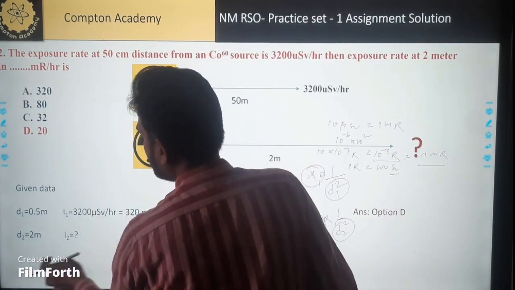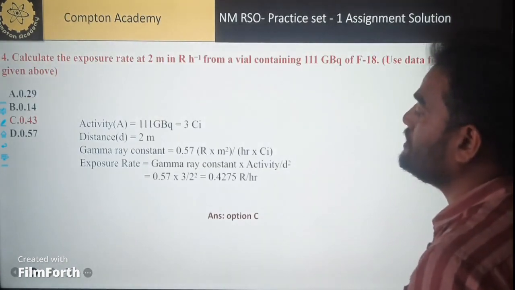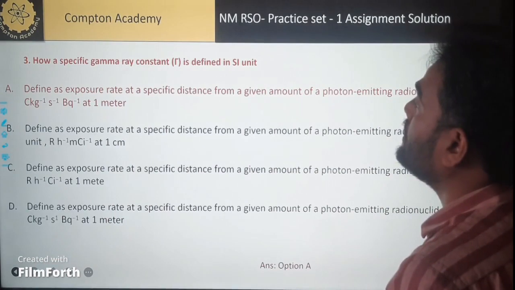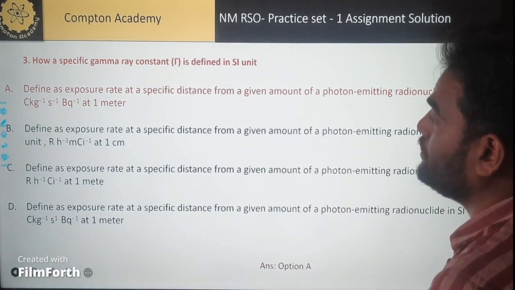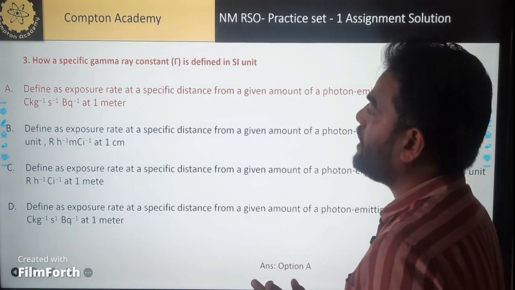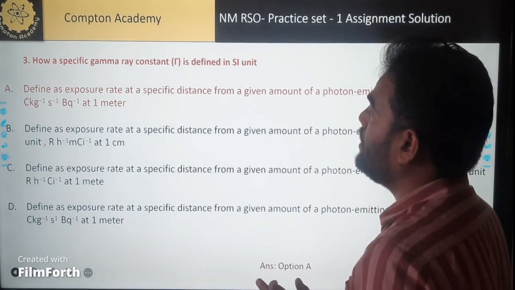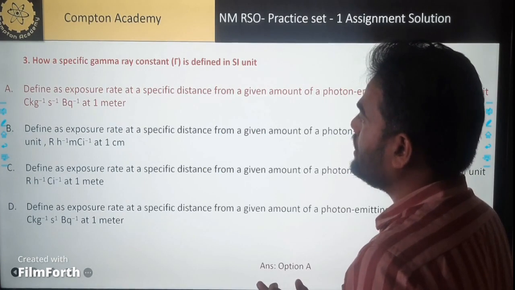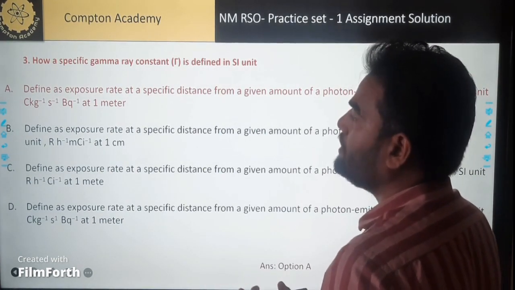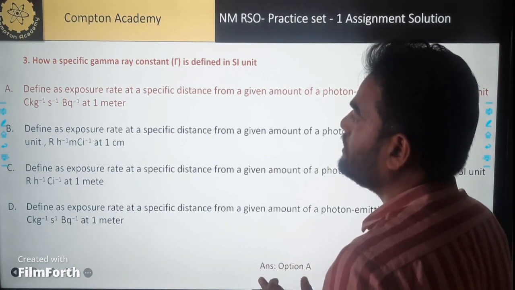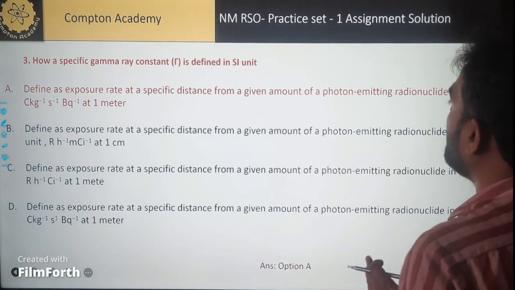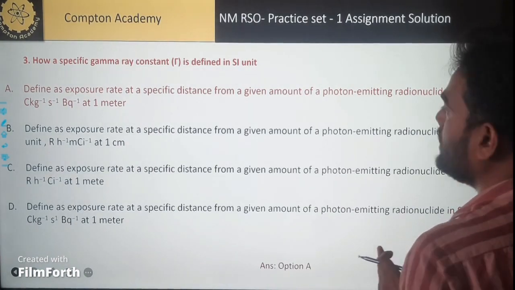Now we will move towards another question. The question is how the specific gamma ray constant is defined in SI unit. All of you are well aware that activity is defined in terms of becquerel in SI unit. Here the definition is written everywhere the same, so from the definition point of view it is okay. It is defined as the exposure rate at a specific distance from a given amount of a photon emitting radionuclide.